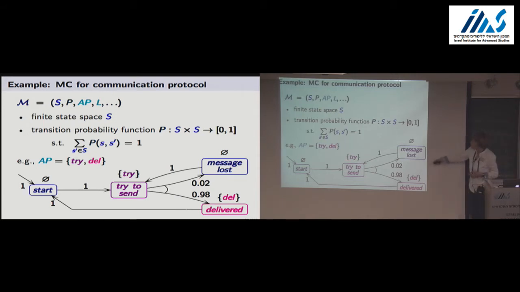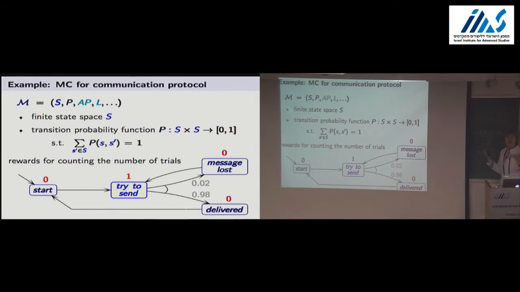Then you might decorate the starting state and this state message lost with an empty set, and this state with try, this with delivered. And for rewards, for instance, if you are interested in counting the number of trials, then you can attach your reward value 1 for this state try and 0 to all others.